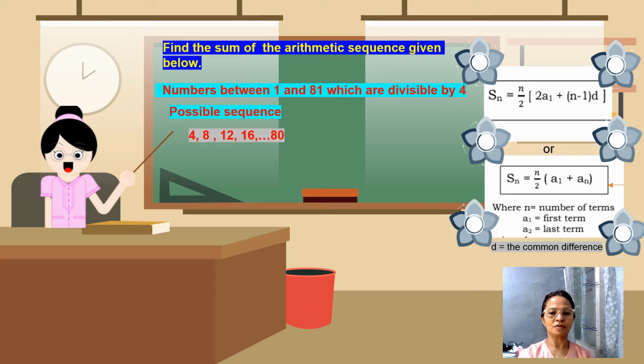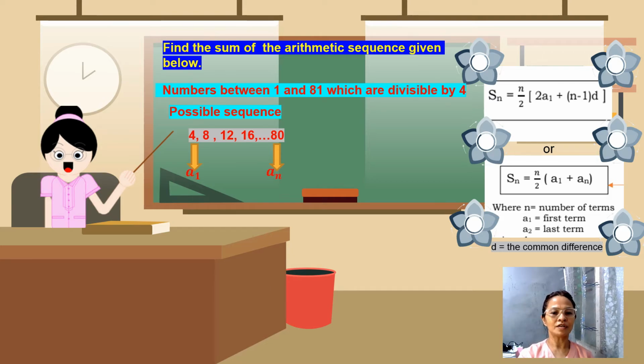81 is not divisible by 4. 80 is divisible by 4, and 80 is between 1 and 81. So the last term is 80 and the first term is 4.